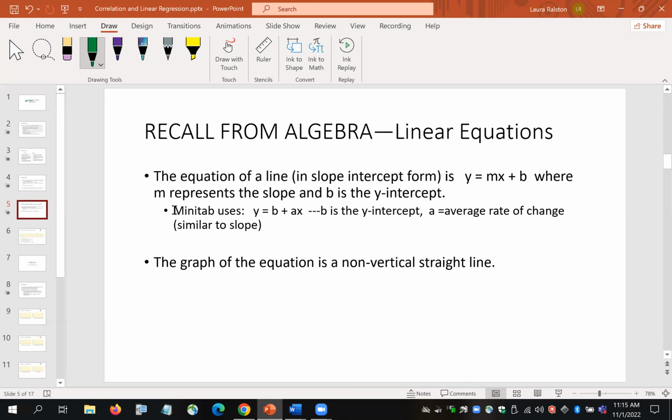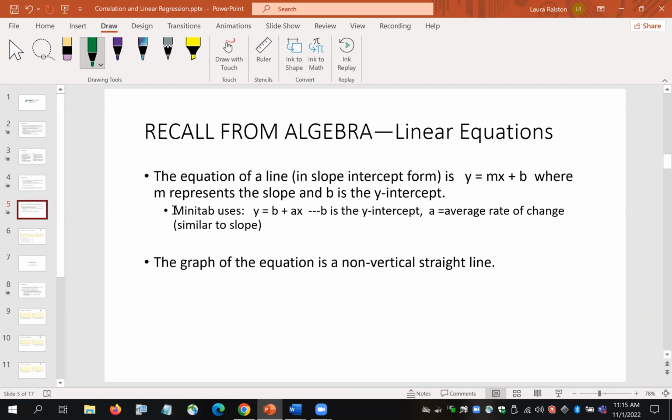Within statistics and within Minitab, they changed the notation just a little bit, and it's usually written y equals b plus ax. B is still your y-intercept. They use a to represent the average rate of change, which is similar to the slope. But with statistics, usually in algebra, we only have 2 points, 2 ordered pairs, when we create the equation of a line.